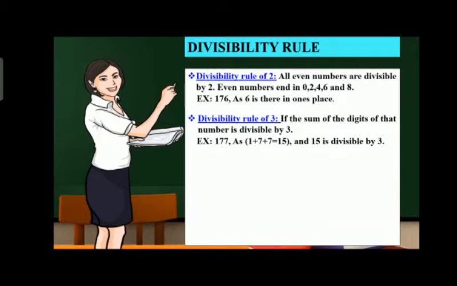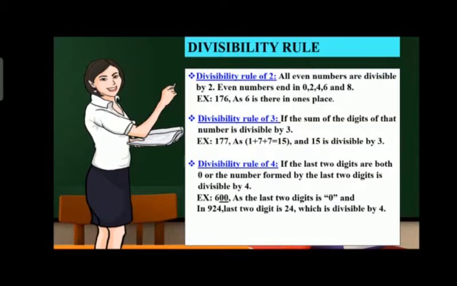Now let's look at the divisibility rule of 4. Children, the divisibility rule of 4 says that if the last two digits are both 0 or the number formed by the last two digits is divisible by 4, so the given number will also be divisible by 4. So let's understand with the example 600.